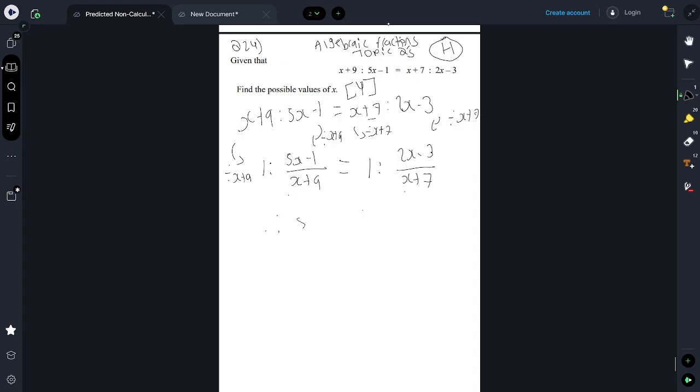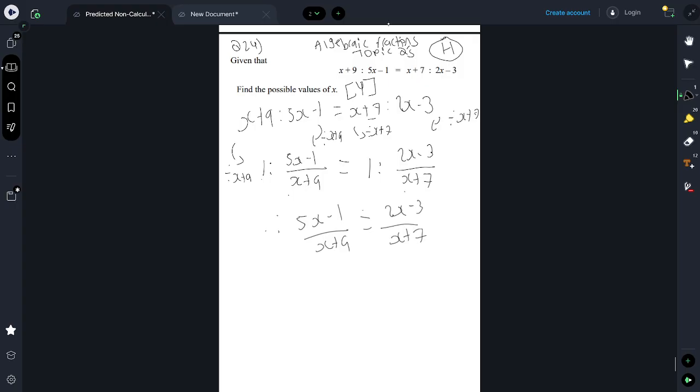So that means 5x minus 1 over x plus 9 has to equal 2x minus 3 over x plus 7. Now we've got an algebraic fraction we can solve. That is a step you want to do every single time to easily get the marks. It looks very complicated, but if you make sure you get 1 to something, you can easily compare them and then you get to this.